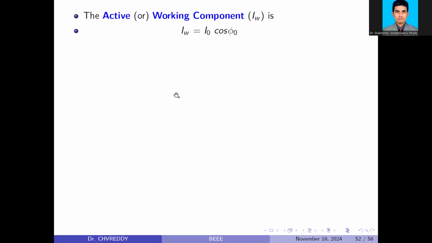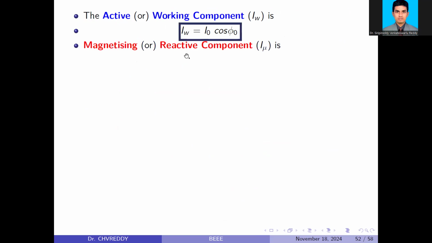The active or working component Iw equals I0 cos phi 0. The magnetizing or reactive component I mu equals I0 sin phi 0. We already know I0 and cos phi 0, so based on these two parameters we can calculate the active and magnetizing components.